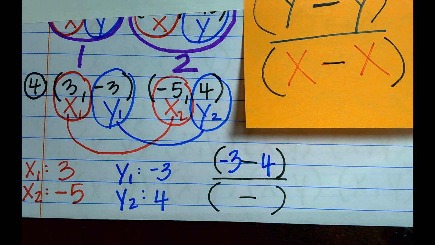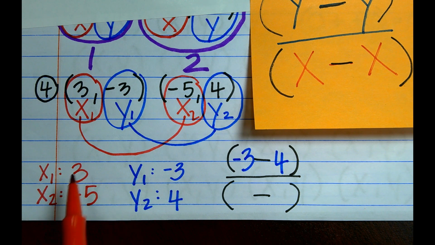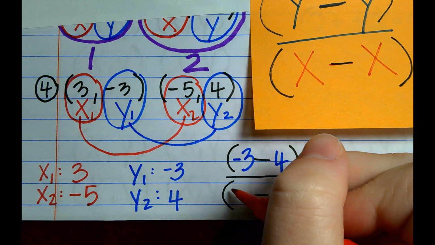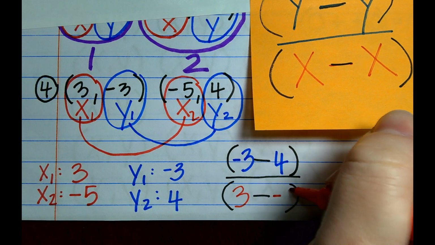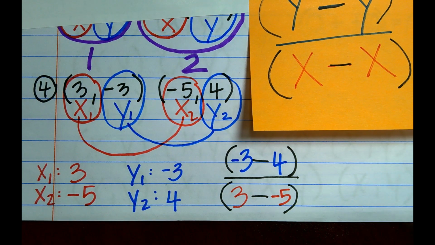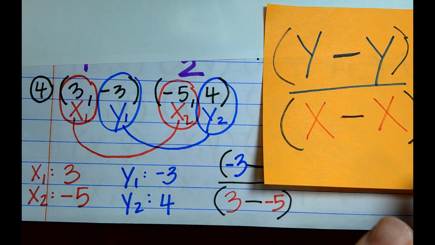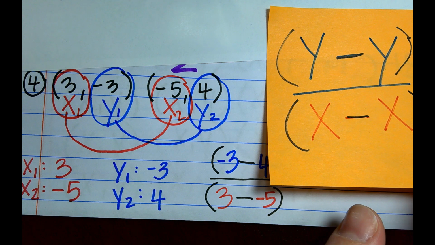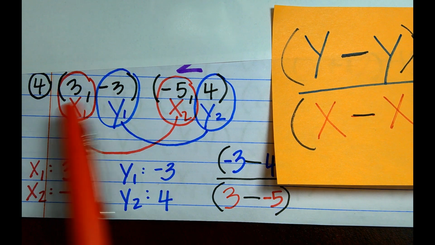Good. And now what goes on the bottom? 3 and negative 5. 3 is my first x. Negative 5 is my next x. So according to the formula, the y is always first. Yes, which feels confusing because x comes first in a coordinate.